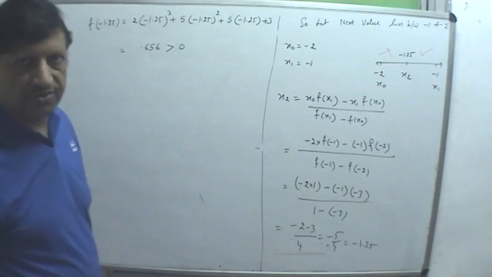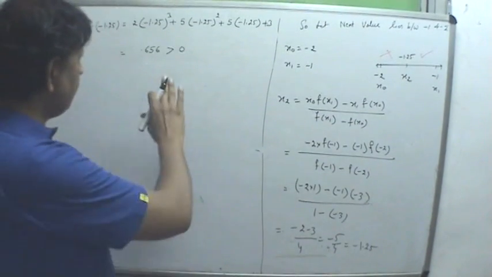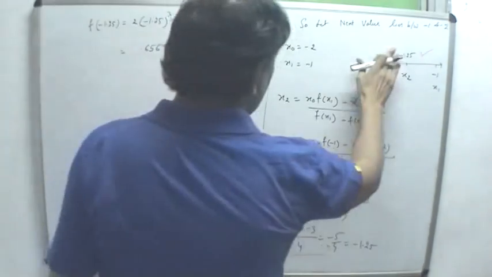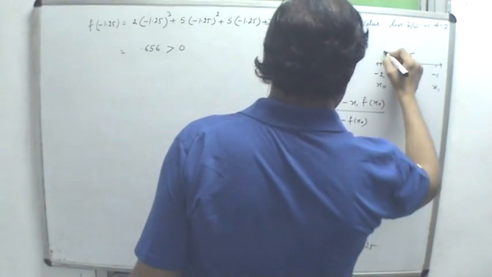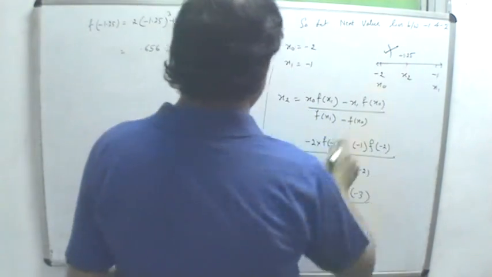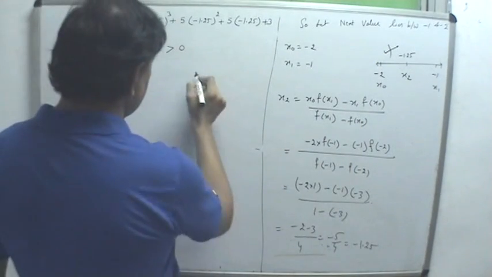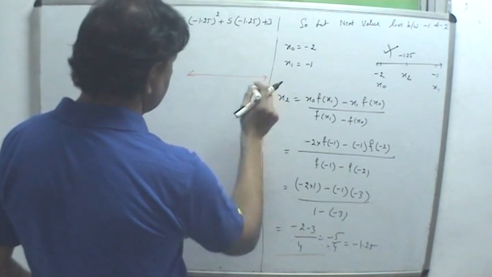Again we follow the same method which we followed in the bisection method. If its value is greater than 0, then our next value lies on the left hand side. If it is greater than 0, then this value lies on the left hand side, and we will draw the new number line like this.